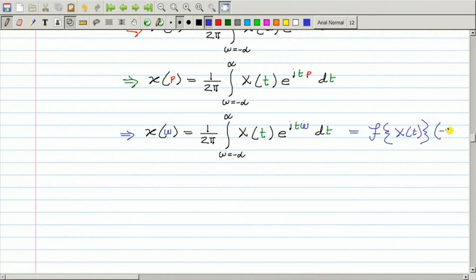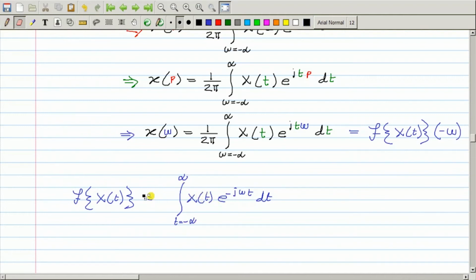However, this is at frequency minus omega, because you know that Fourier transform of capital X(t) is by definition capital X(t) multiplied with e to the power minus j omega t integrated from time t equal to minus infinity to plus infinity. And this is the Fourier transform which is a function of omega, so I can put omega in this way.